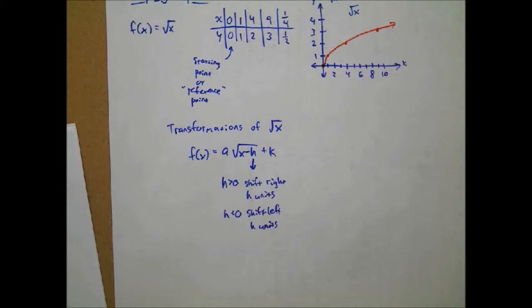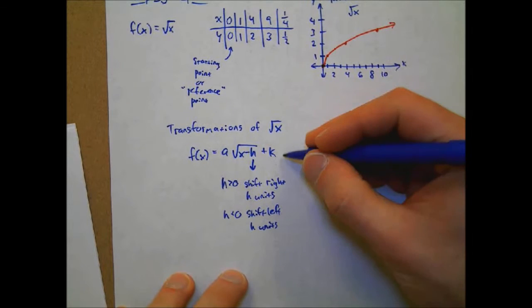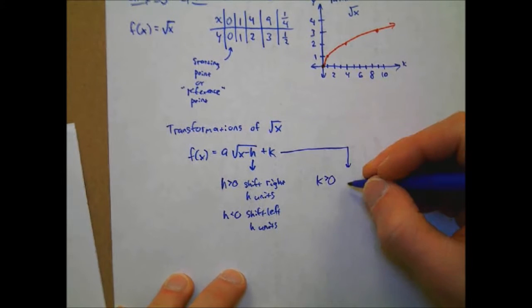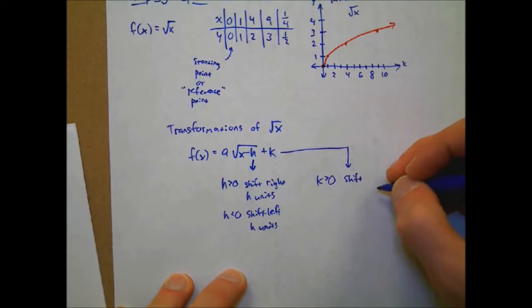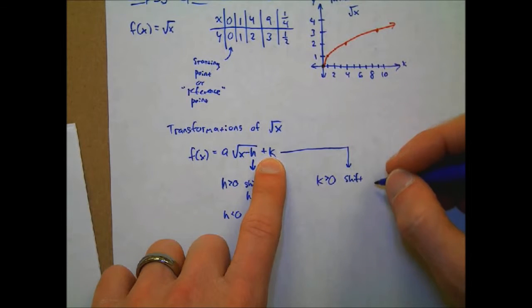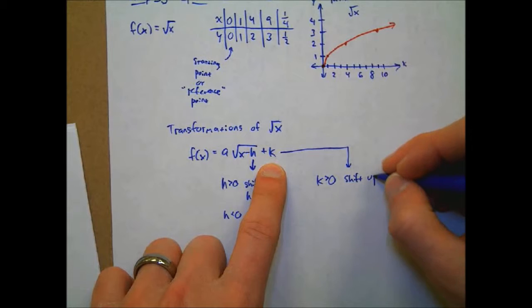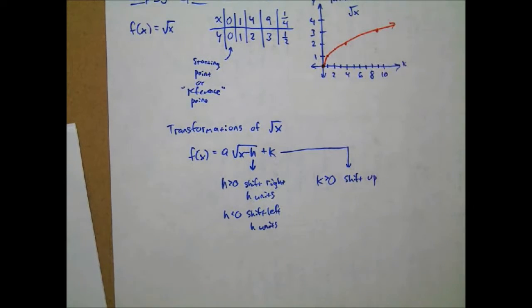What's that plus k at the end going to do? Move it up or down, right? No surprises. If k is positive, we'll go up or down? Up. So be careful here. With the h in there with the x, it's the opposite of what you'd expect.